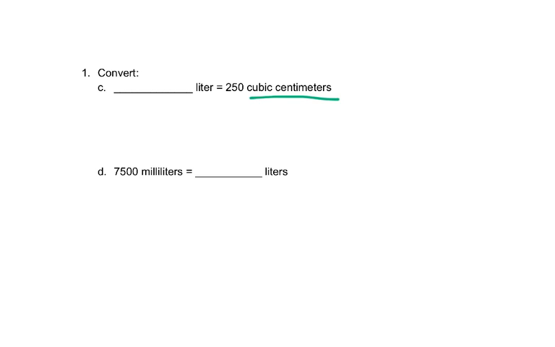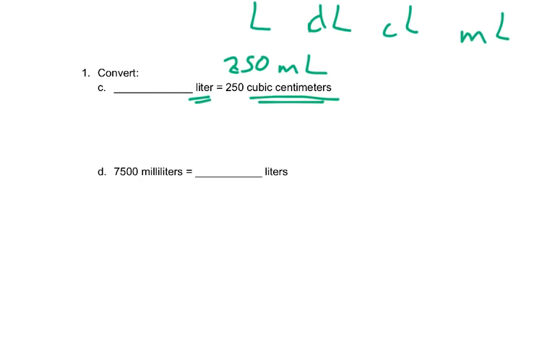Okay, so here we're looking at 250 cc's. Remember, that's the same thing as 250 milliliters, and we're trying to go to liters. So we know milliliters is down here, and then centiliters, and then deciliters, and then liters. So if we're starting here, that would be 1, 2, 3 spots to the left.